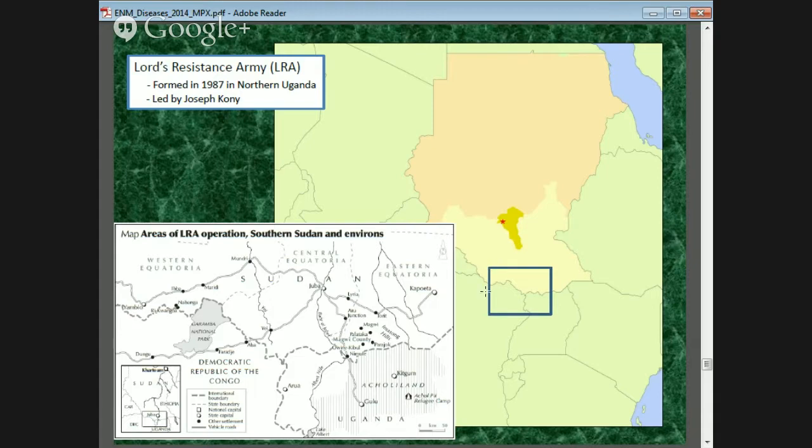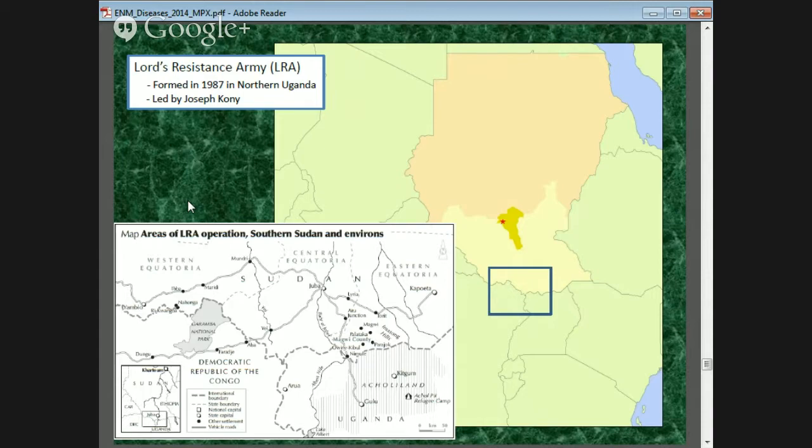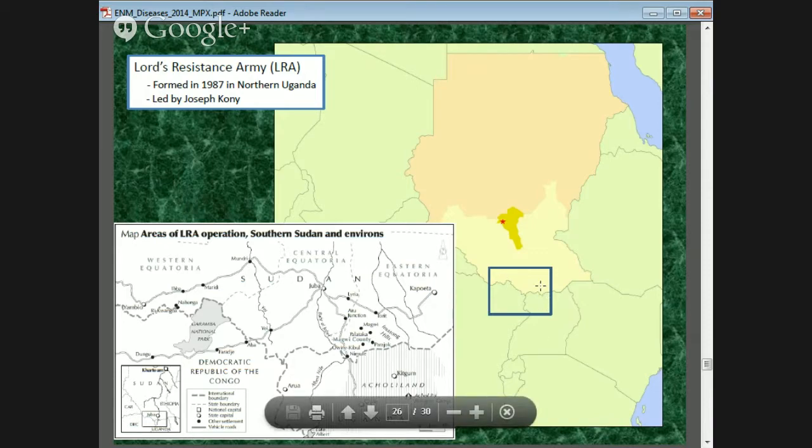Zooming into this area, represented with this rectangle, is basically the area in the other map, the map that I have on the left. During that time, there was also a lot of agitation caused by the Lord's Resistance Army, which was based in northern Uganda and southern Sudan.